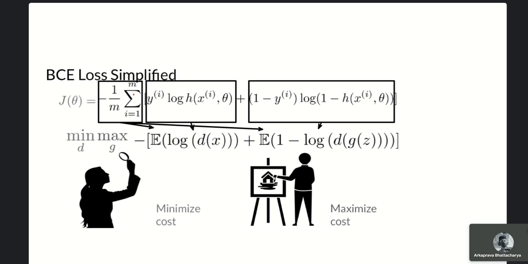So let us start with the BCE loss function and then we will define the Wasserstein loss function, which is based on earth mover's distance. In the BCE loss function, we had two parts. One was for the real images, and the other one was for the fake images.